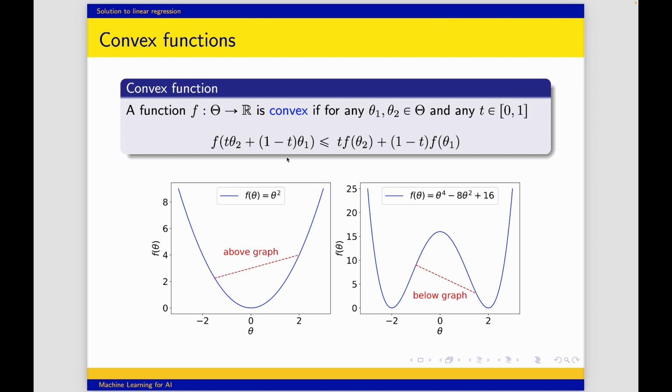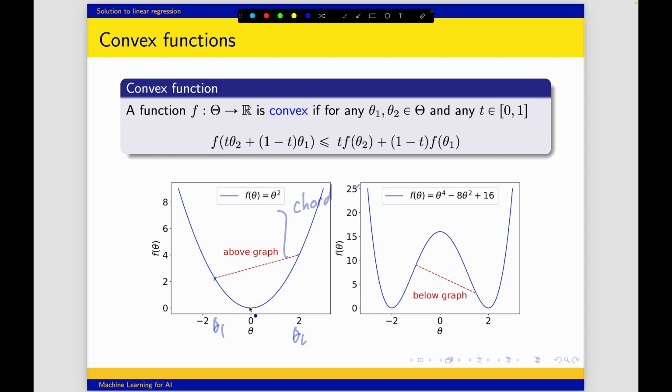Now, what this means more intuitively is that if we were to take any 2 points, theta 1 and theta 2, so let's take this value here, theta 1, and this value here, theta 2, and draw a line in this 2D case between this point and that point, this we call a chord, then this chord has to lie entirely above the graph of our curve, right?